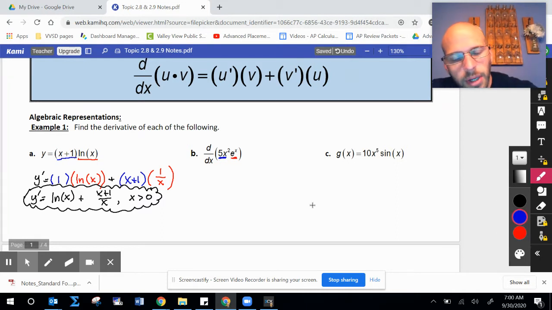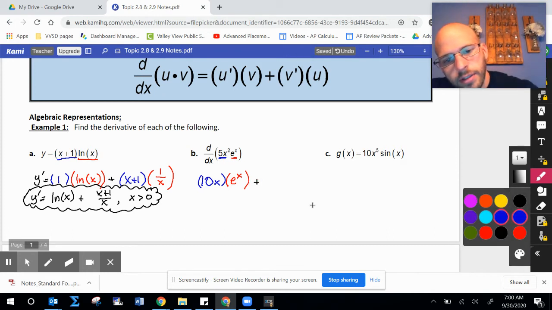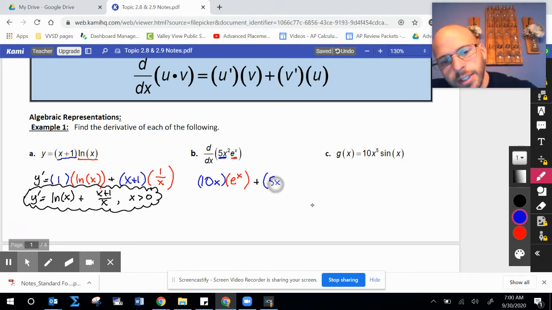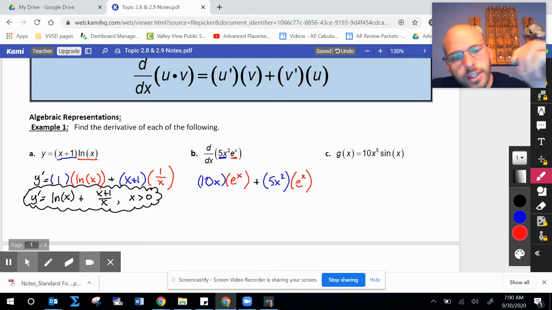I'm going to start by taking the derivative of the first piece, which would be 10x, times, leaving the second piece the same, plus, now I'm going to leave the first piece the same, times the derivative of the second, which would be still e to the x.